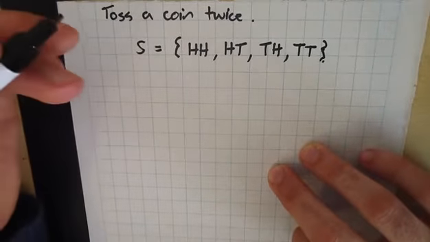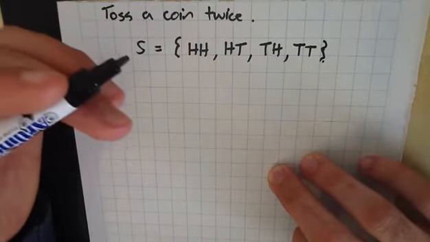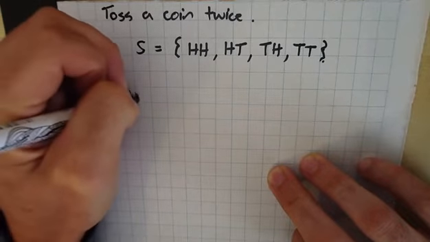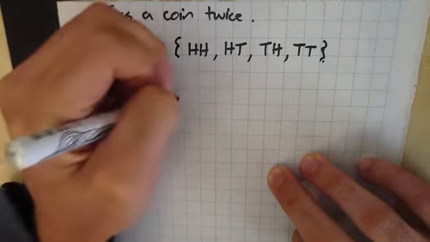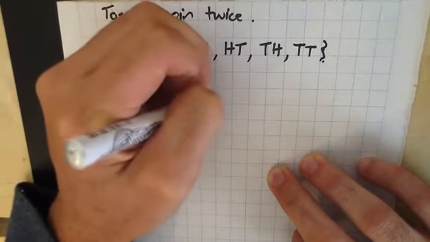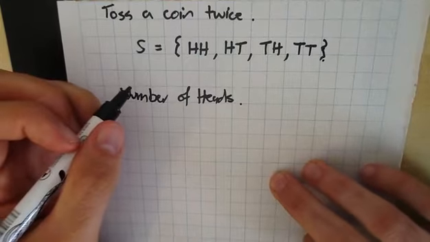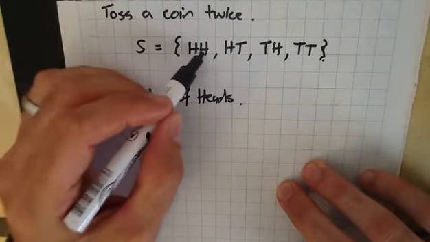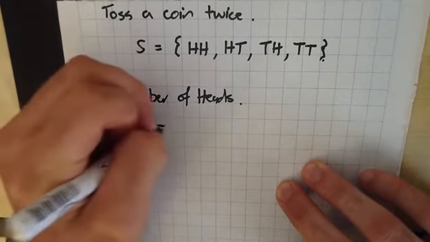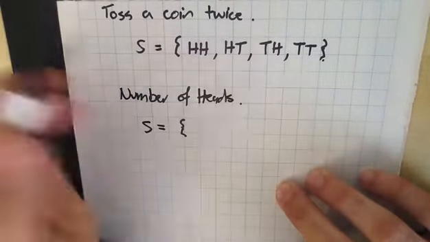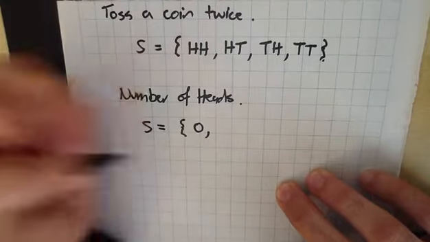Now, if my experiment was tossing a coin twice and counting the number of heads, okay, so let's say number of heads. Alright, my sample space changes. I'm not going to list the outcomes like this. I would list the outcomes going, okay, so I could get this where I get tail, tail, and that would be no heads.